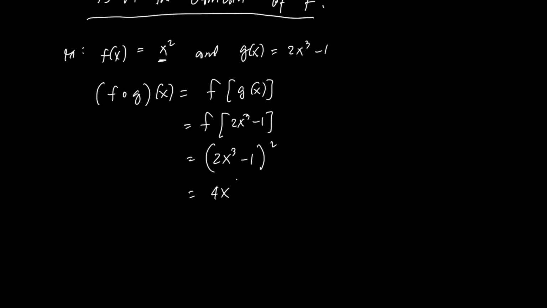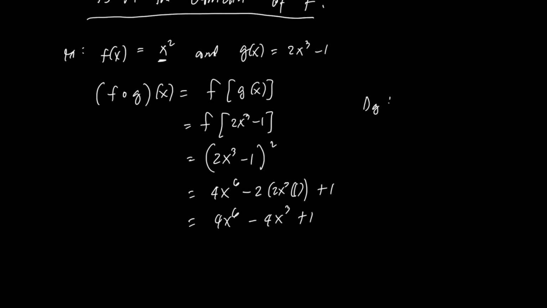This is 4x to the 6 minus 2 times 2x cubed times 1 plus 1. Okay, so that's 4x to the 6 minus 4x cubed plus 1.